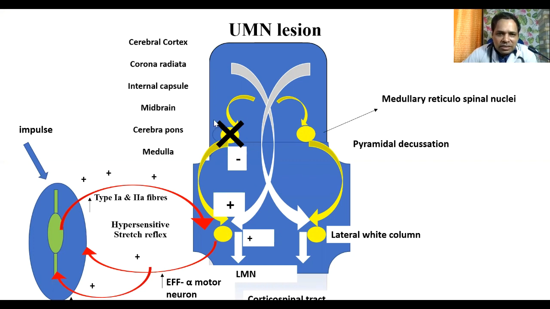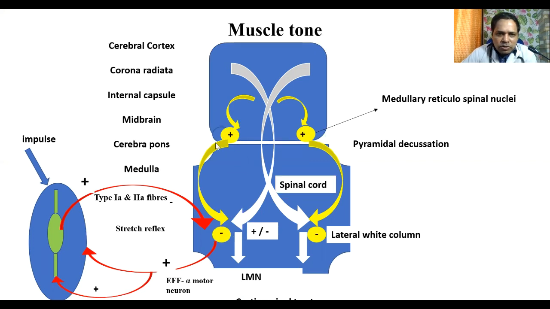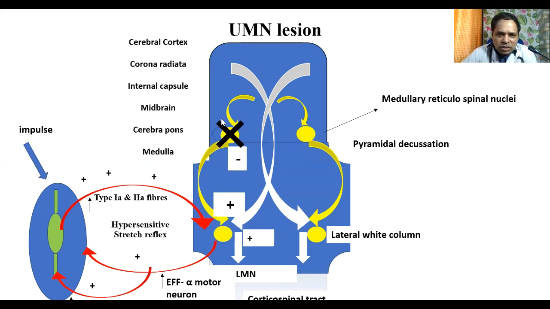In case there is any lesion at this level, an upper motor neuron lesion, then what happens? You are going to stimulate here, for example. But previously, as we said, it used to come and inhibit here. Because there is a lesion here, it becomes the opposite, it becomes positive. So what you initiated is positive, and because of the lesion, the impulse is also positive. It becomes more positive here. So at that time what happens?